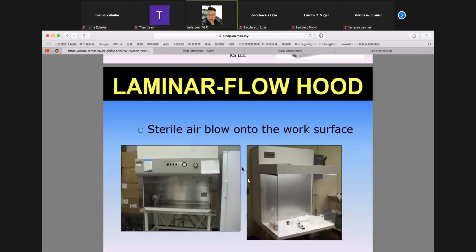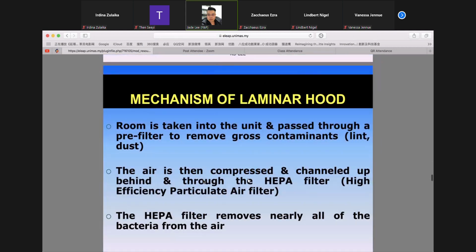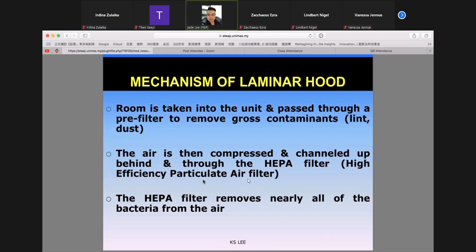So sterile air will blow onto the work surface to make sure that your culture will not be contaminated. The mechanism of the laminar flow is that room air is taken into the unit and passed through the pre-filter to remove gross contaminants like lint and also dust. The air is then compressed and channeled out behind and through the HEPA filter.